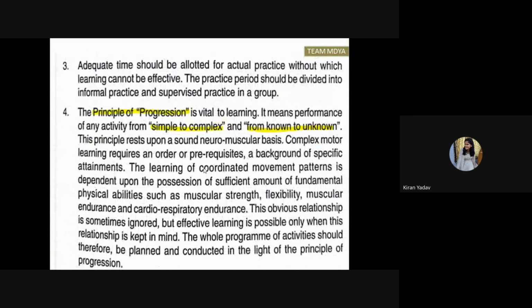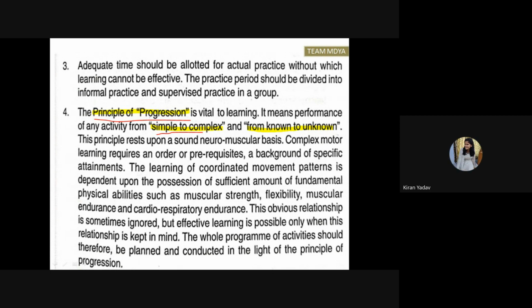In the principle of progression, we studied this. What is the principle of progression? Anybody? Ma'am, simple to complex.